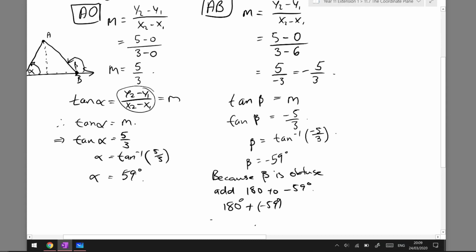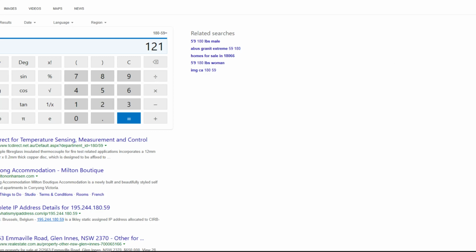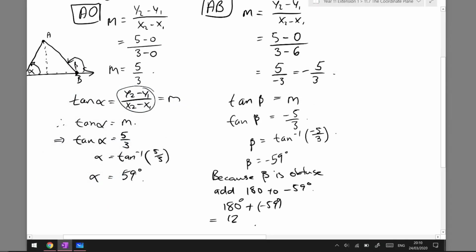Geez, I can't... use a calculator, friends. Use a calculator. It will help you so much more. 180 plus 59 plus -59. I just can't even today. 180 minus 59. There you go, 121. I was right the first time. I don't know why I was doubting myself.